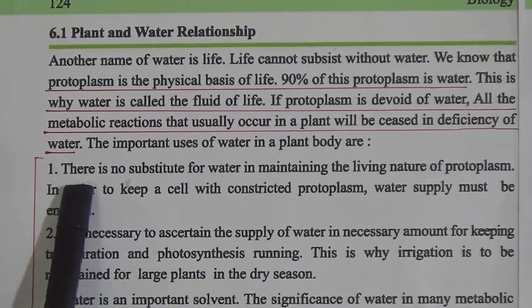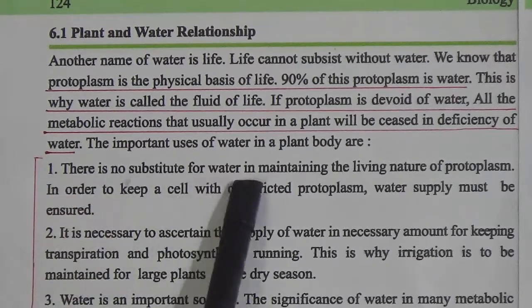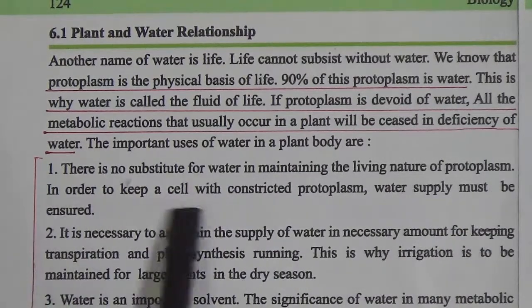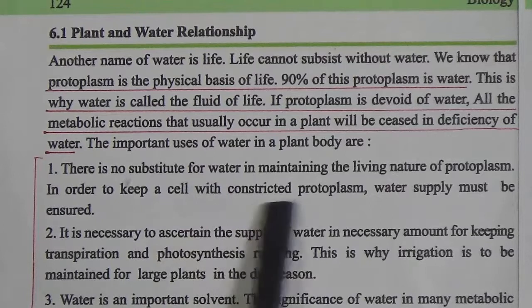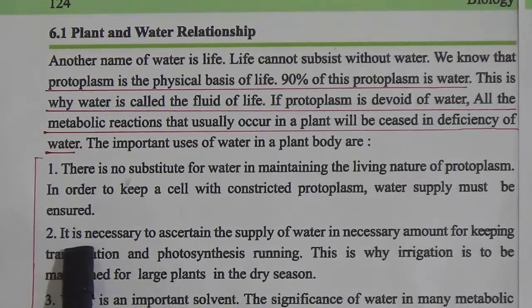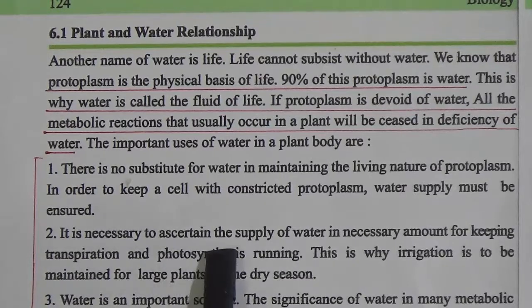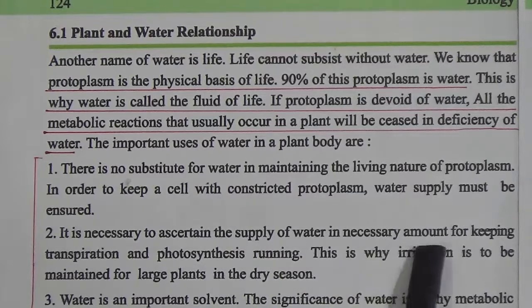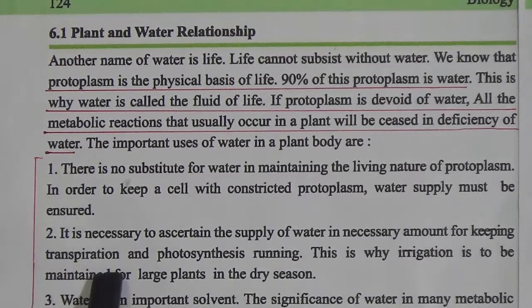Now come to the first point, the important uses of water. There is no substitute for water in maintaining the living nature of protoplasm. In order to keep a cell with unconstricted protoplasm, water supply must be ensured. Second, it is necessary to ascertain the supply of water in the necessary amount for keeping transpiration and photosynthesis running.